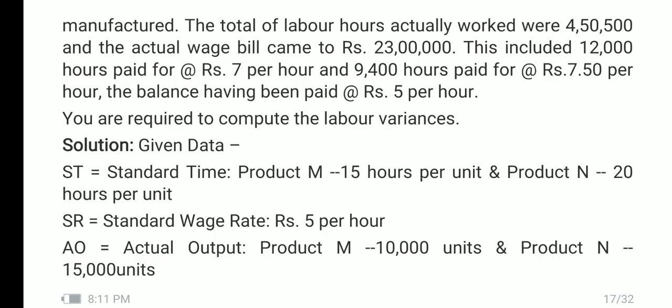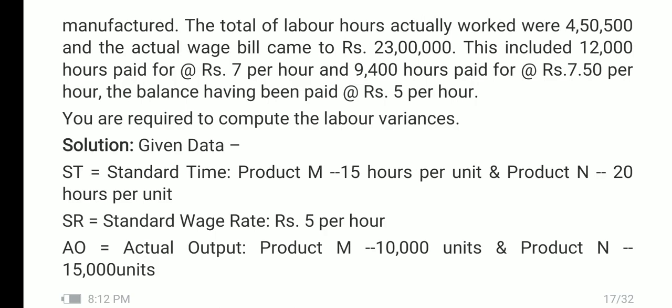We have seen that standard wage rate is rupees 5 per hour, but actual wage rate is different. Out of total labor hours worked, 4,50,500, 12,000 hours have been paid at a higher rate of rupees 7 and 9,400 hours were paid at a still higher rate, that is 7.50 per hour.